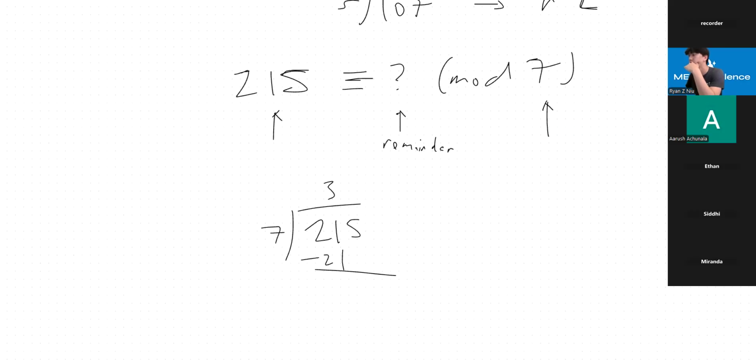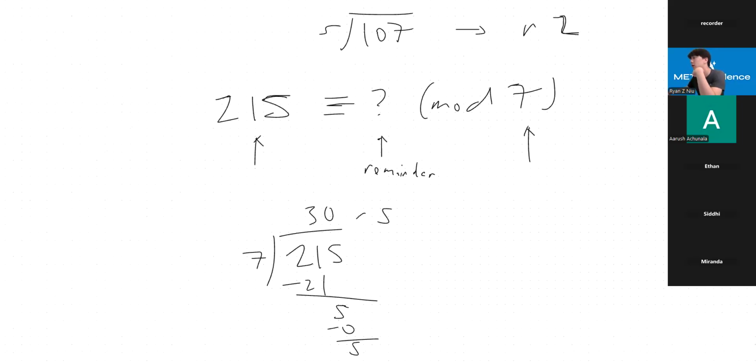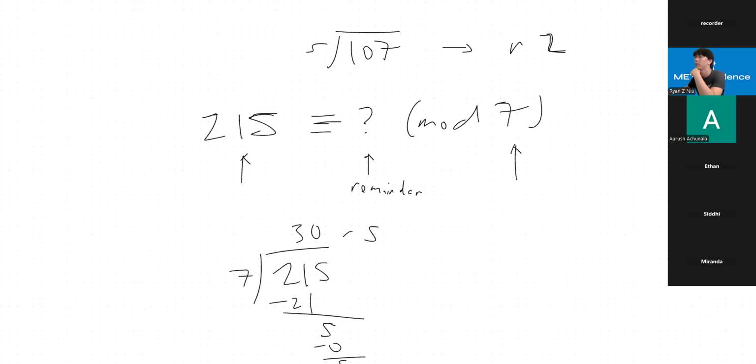That goes into it 0 times at the end, so the remainder is 5. So we would put a 5 here. 215 is 5 mod 7. And all this means is that it leaves a remainder of 5 when you divide by 7.